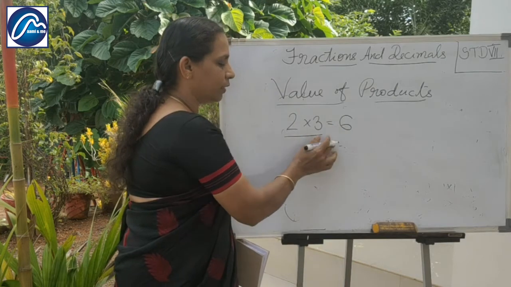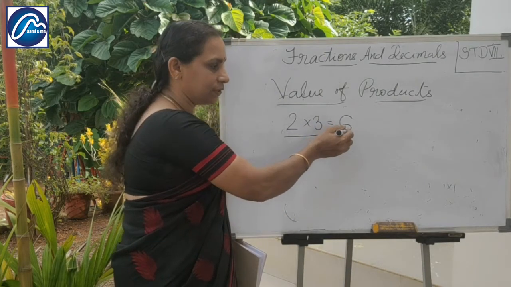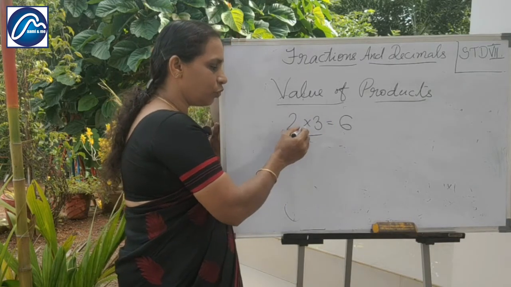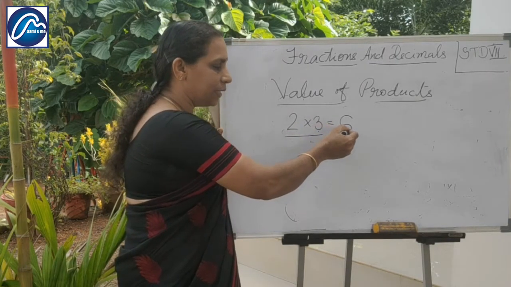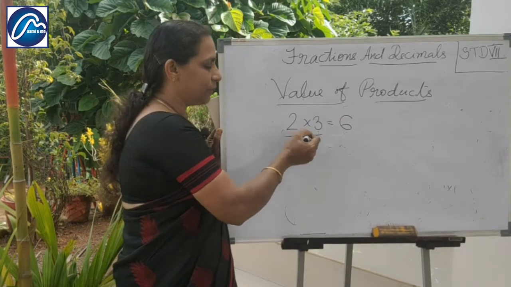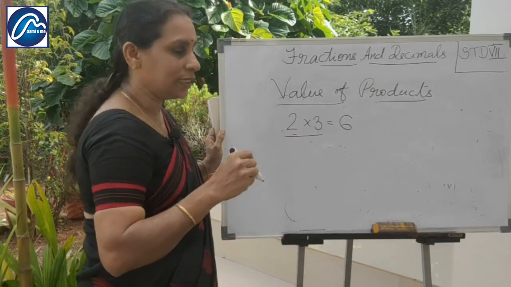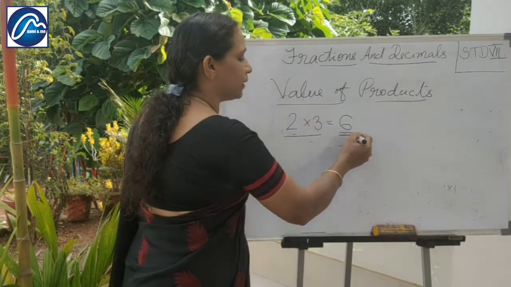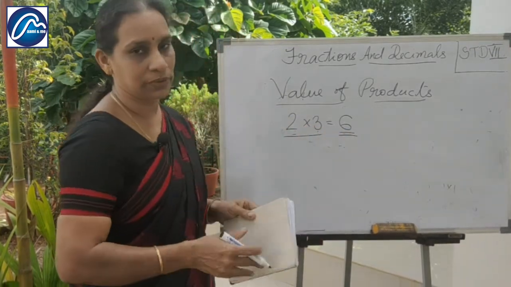These are smaller numbers and this is a bigger number. That means the product of two whole numbers is bigger than the multipliers. It is bigger than each of them. The product will be greater than these two numbers.